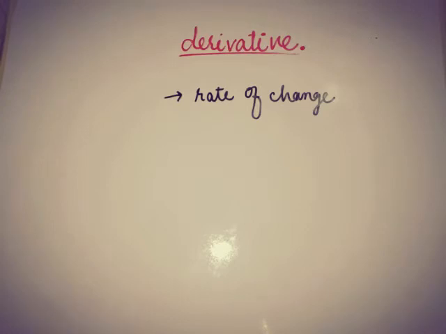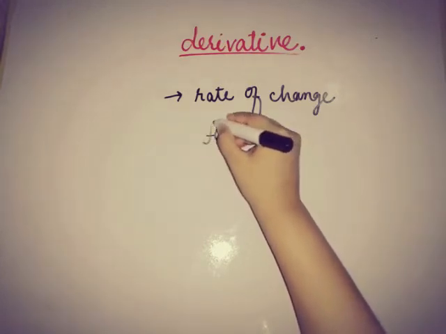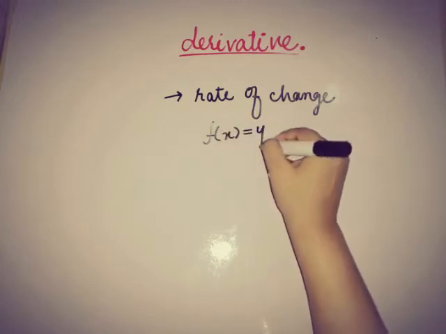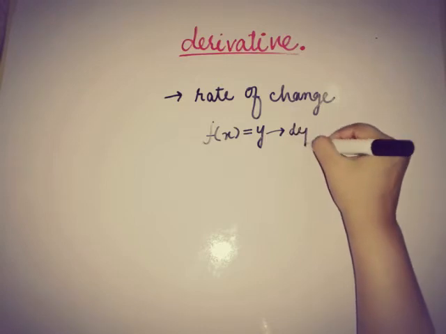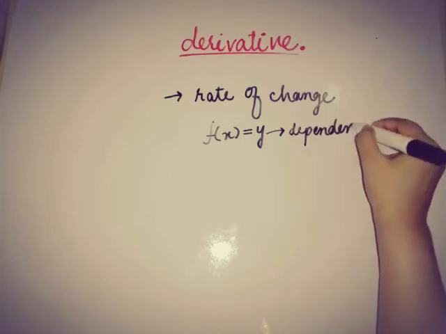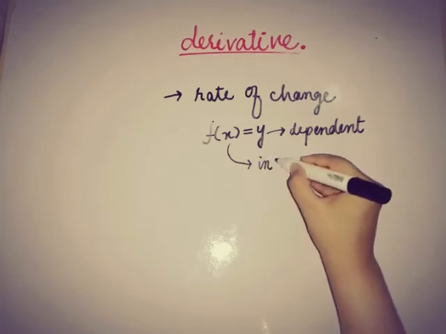First of all, when we're talking about a rate of change, we have to know that there is a function f of x. Usually f of x is taken as a function that is equal to y, where y is the dependent variable and x is the independent variable.